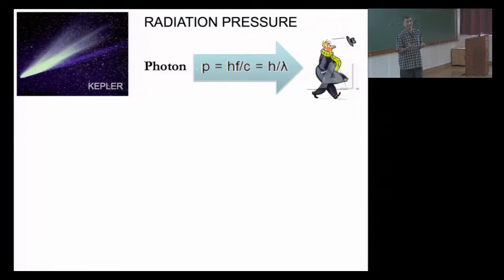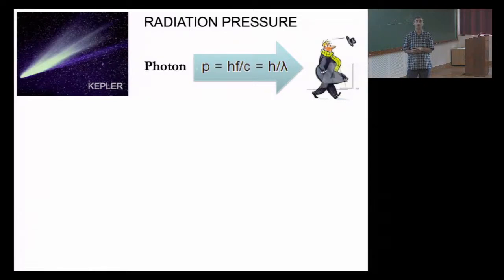So it can't be that there's dust blowing here. It's not like that. This is because of the photons coming in from the sun, or some large star, which is emitting a lot of photons.